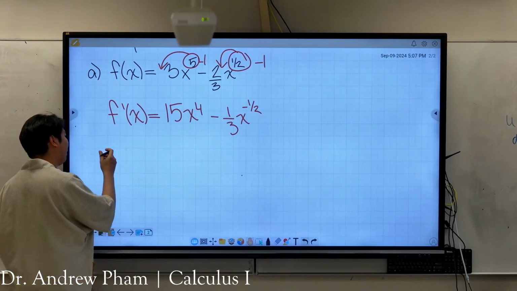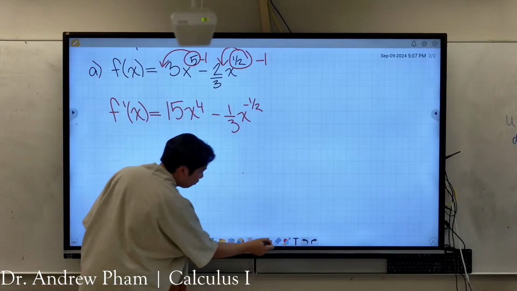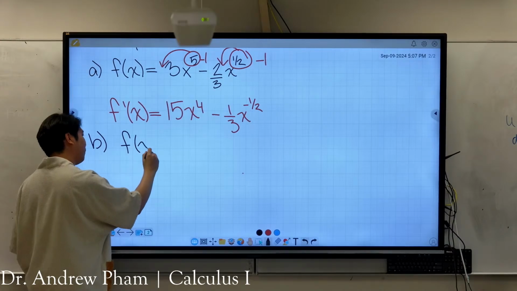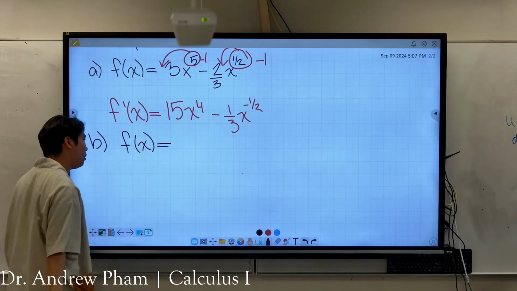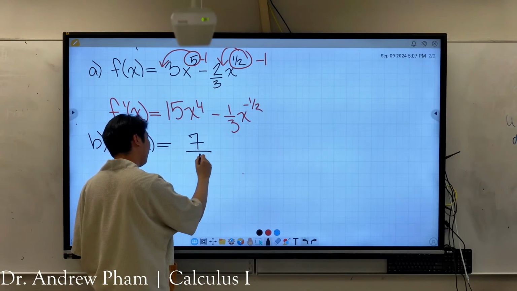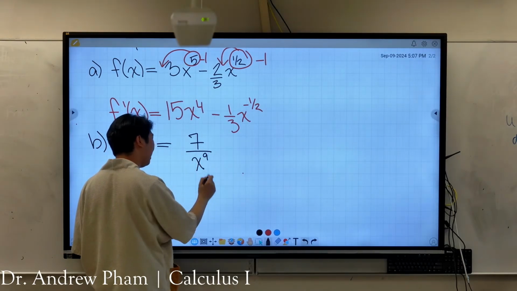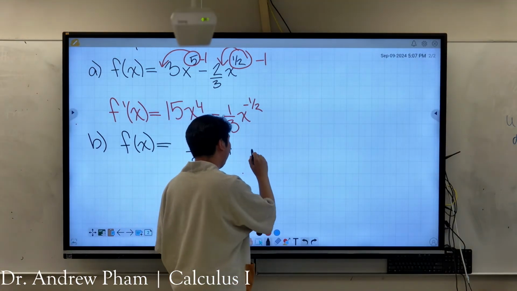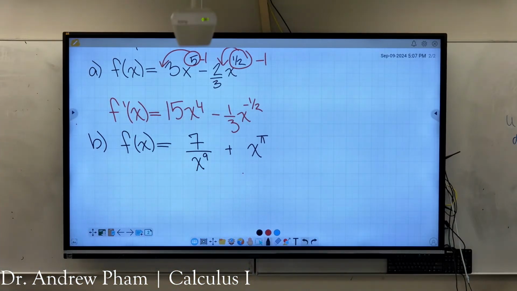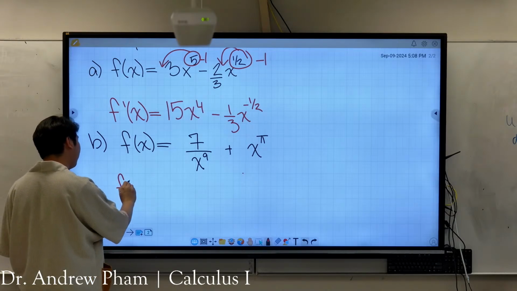What if I have something like this? Let's say I have f of x is equal to, let's do 7 over x to the 9th power plus x to the power of pi. And once again, I just want the derivative f prime.